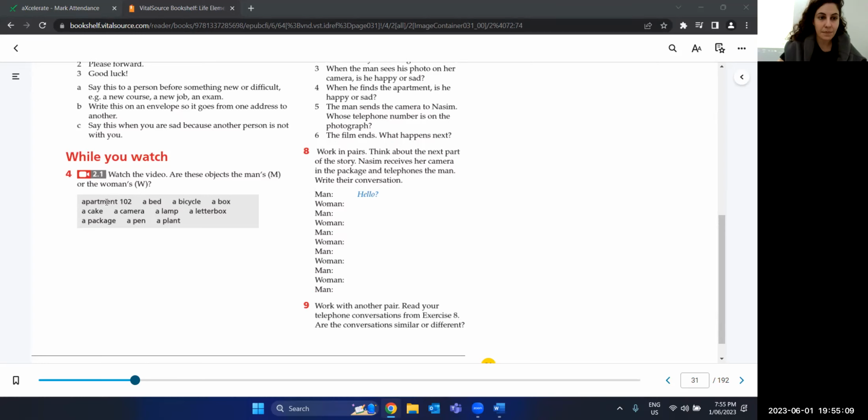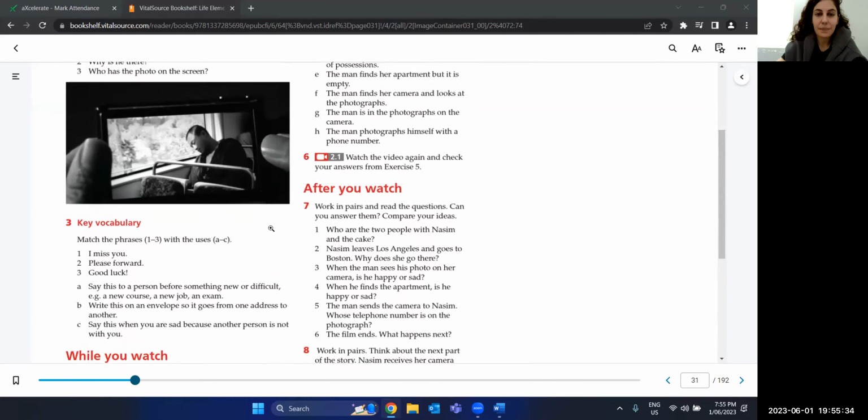So put an M. You have apartment number 102, a bed, a bicycle, a box, a cake, a camera, a lamp, a letterbox, a package, a pen, and a plant. So put M if it is for the man, or W for woman.